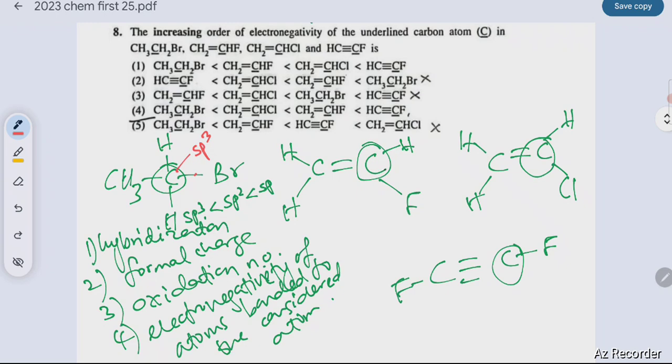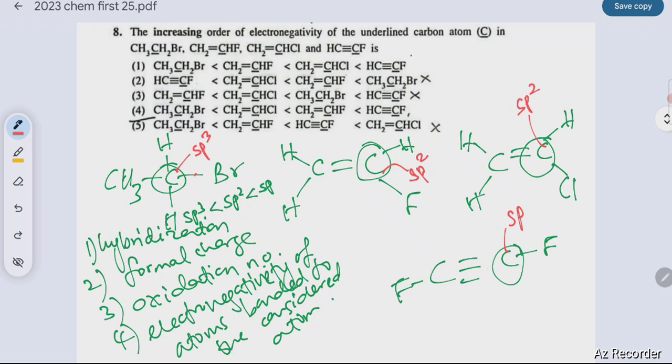So this is sp2 hybridized. And here 1, 2, 3, here also sp2 hybridized. Here 1 and 2, here sp hybridized. So this is the only one having sp hybridization. So HCCF should have the highest electronegativity.